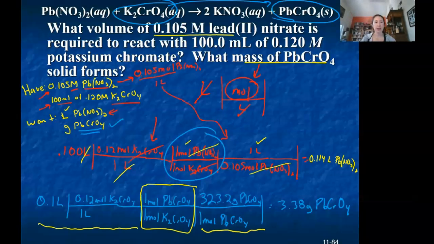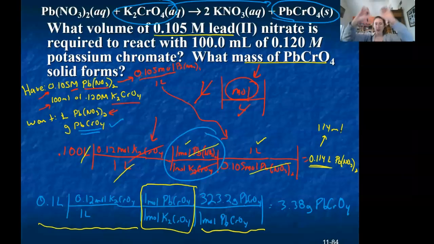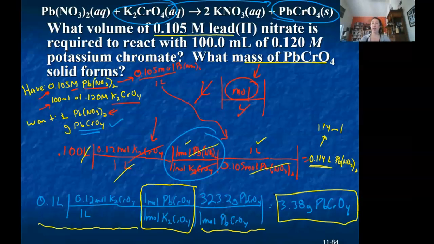So what we found out is if we have a bottle that has 100 milliliters of K2CrO4 and the concentration on the bottle says 0.12, and we put 100 milliliters of this 0.12 molar in our beaker, and then we put 114 milliliters of the lead-2 nitrate, we're going to put them both in a beaker. When we do that, they mix, and at the bottom is sitting 3.38 grams of lead chromate, right?